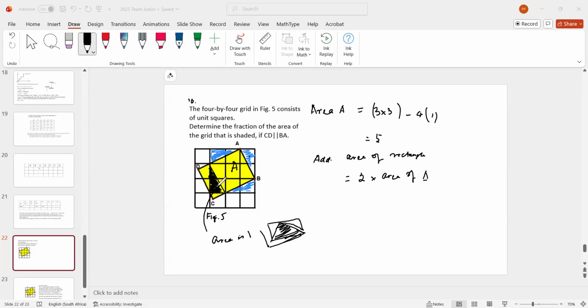The area is 1. And therefore, the area of the shaded rectangle, the area of that is base times height. So it's twice whatever we got here.